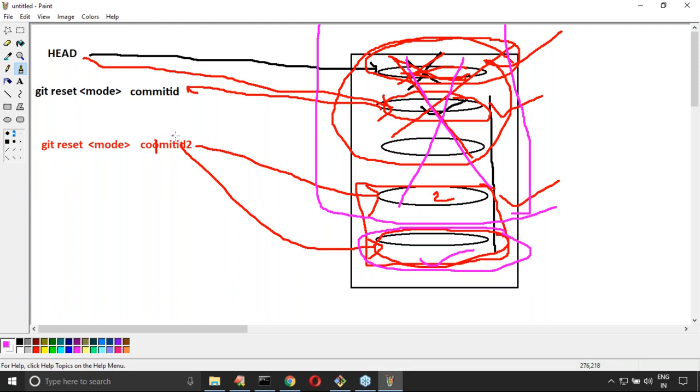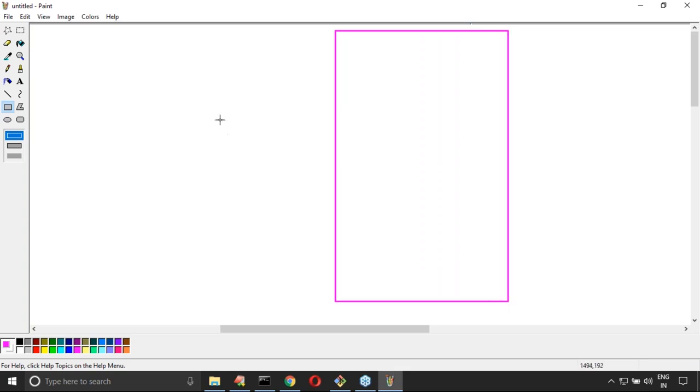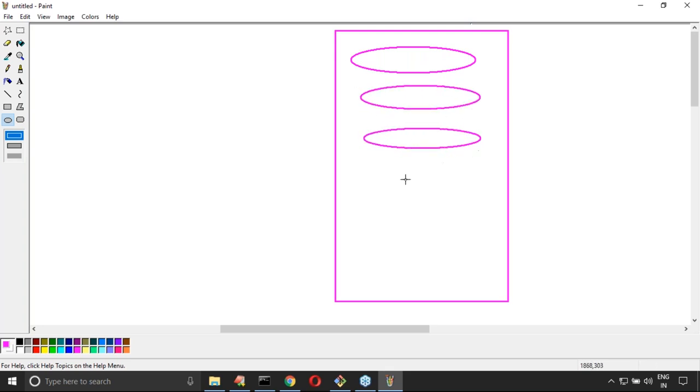If I provide the first commit id, what will happen? If I provide the second commit id, what will happen? Now I have one more scenario. Assume this is my first commit, second commit, third commit. Multiple commits are there in my repository.